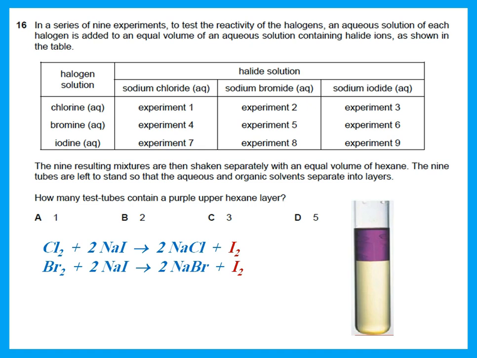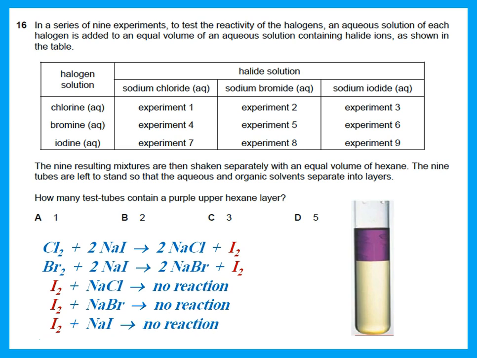Now, iodine with sodium chloride. Iodine with sodium chloride, no reaction because iodine is less reactive than chlorine. Iodine with sodium bromide, still no reaction. But when there is no reaction, what does that mean? That means that I have iodine sitting in the solution. So if I add hexane, it will still form a purple layer because the iodine is sitting there.